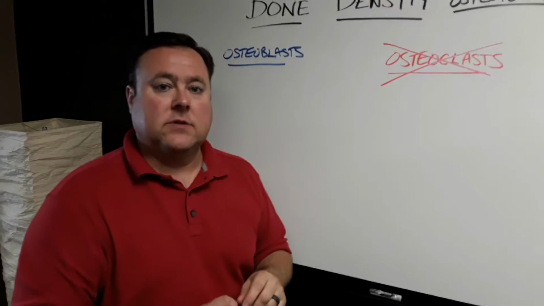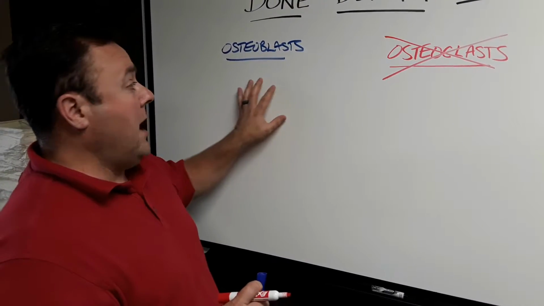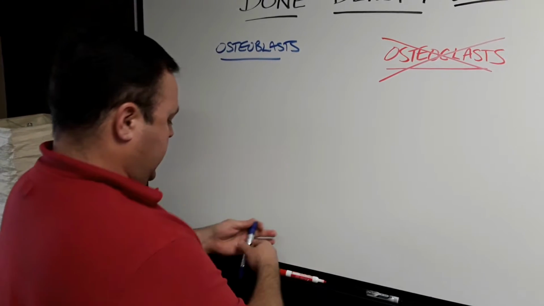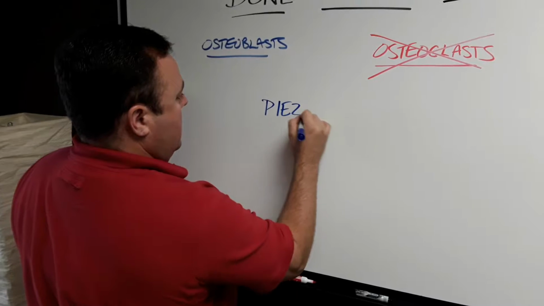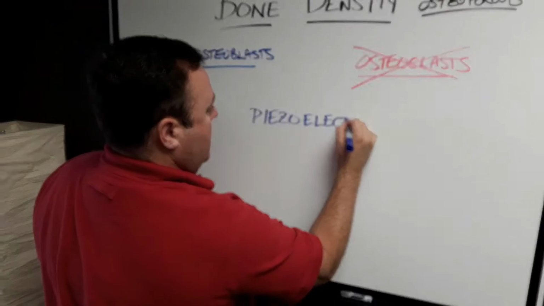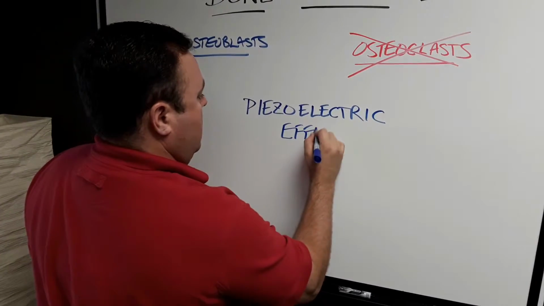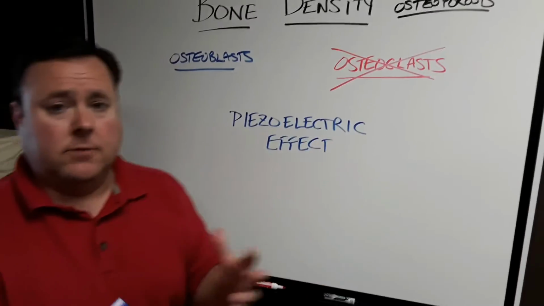There's another study that I was looking at the other day, and it talks about one of the main theories of why this works, something called the piezoelectric effect. That's a big fancy word. This is something that happens in physics and chemistry.